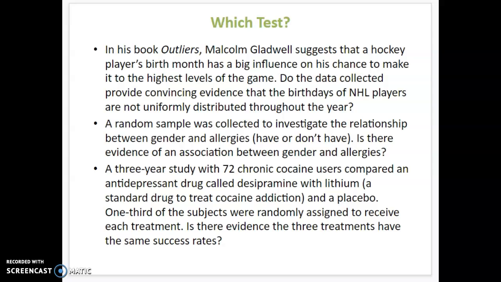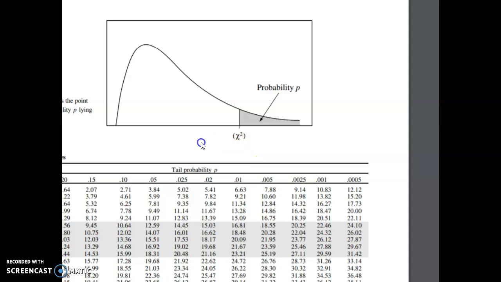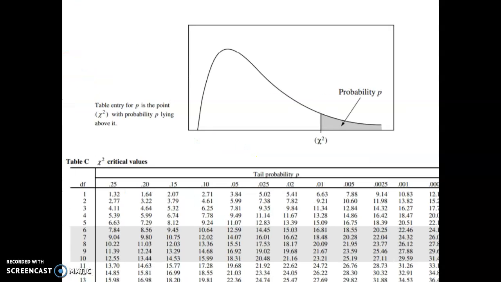So are they uniformly distributed throughout the year or not? Is there a relationship between gender and allergies? And then again, another treatment one. So do the treatments have the same success rates or are they somehow different, which is what the homogeneity is getting to. So we will look at all 3 of these and take a look at the calculator.